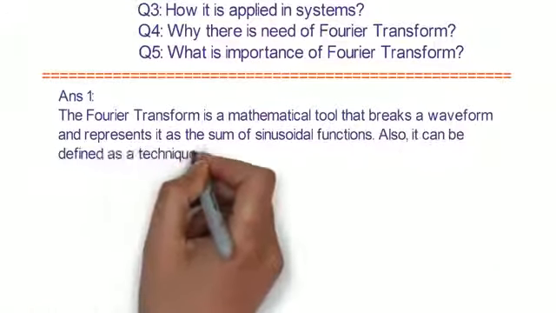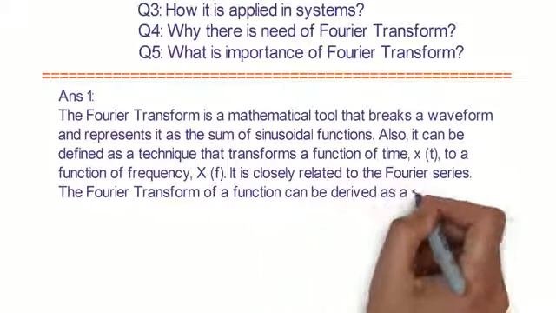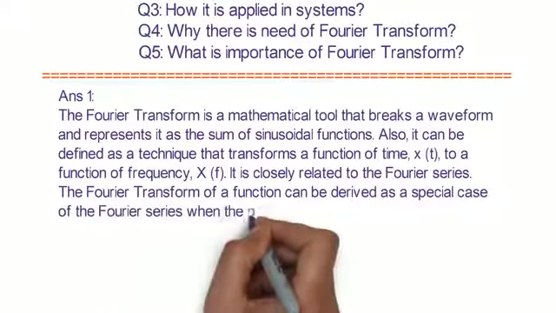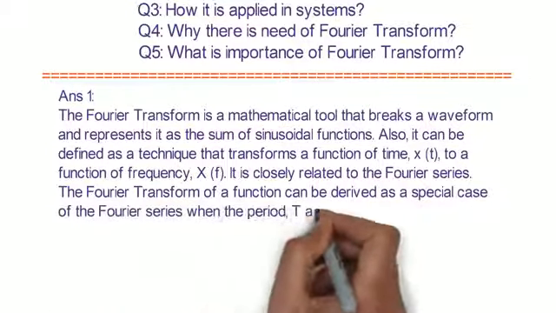It is closely related to the Fourier series. The Fourier transform of a function can be derived as a special case of the Fourier series when the period T approaches infinity. Now we will study second question.